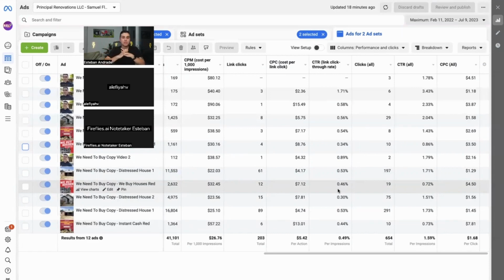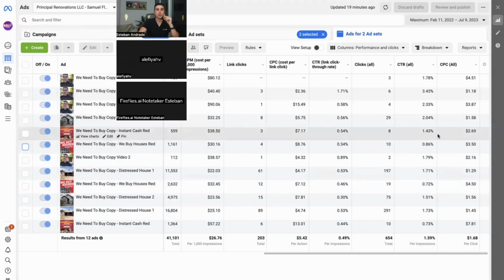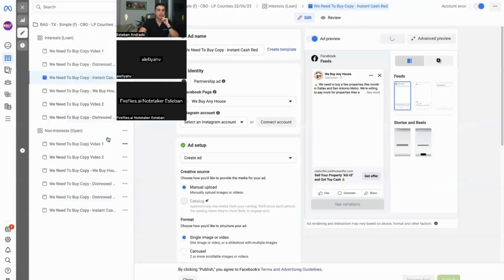Why? Because it might attract confused buyers, confused renters, people that are not necessarily sellers, because you're just showing a picture of a house. So that's why we have integrated other creatives, even though we're going to lower the CTR or other metrics a little bit.